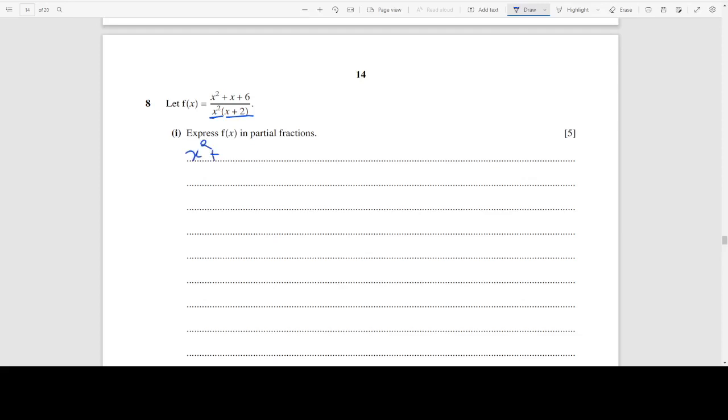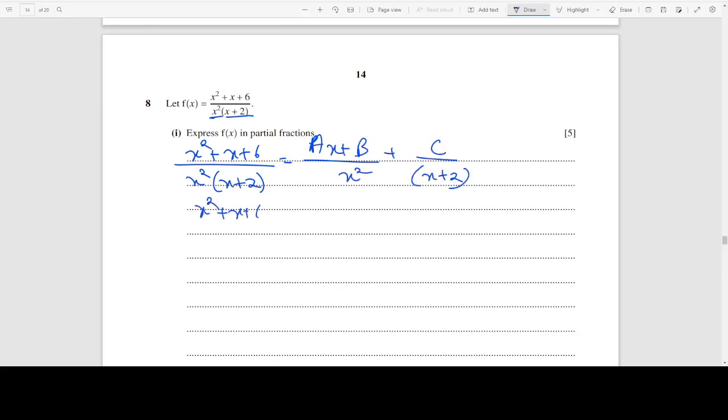So x square plus x plus 6 upon x square into x plus 2 is equal to ax plus b divided by x square plus c upon x plus 2. So x square plus x plus 6 is equal to ax plus b multiplied by x plus 2 plus cx square.